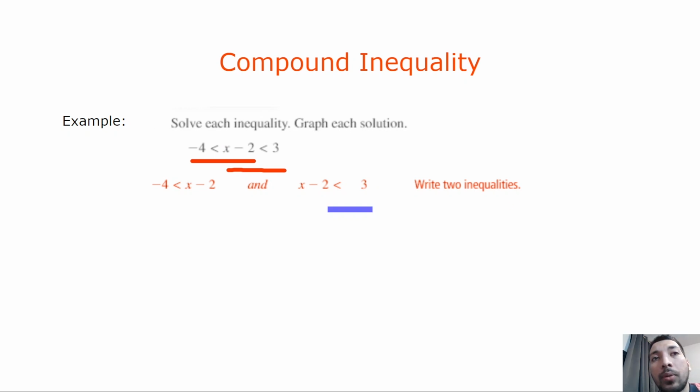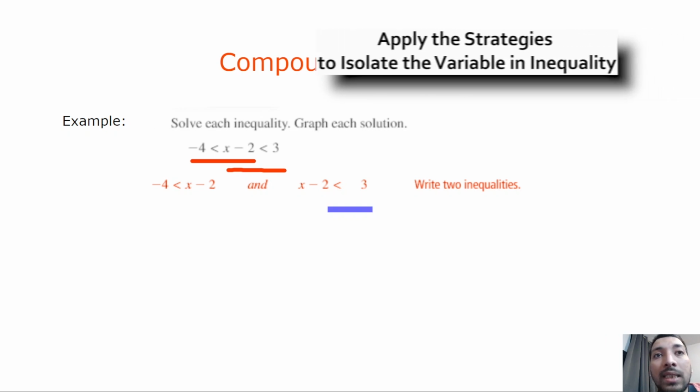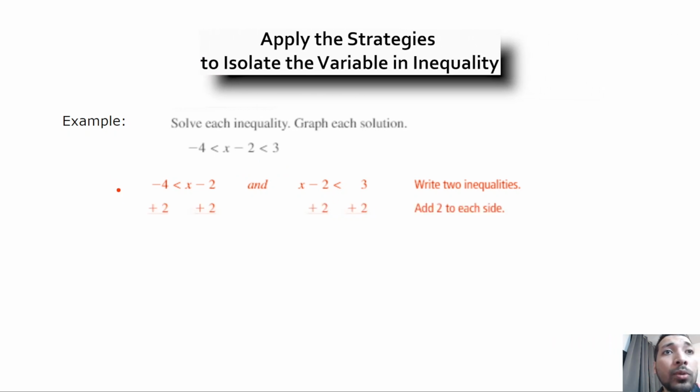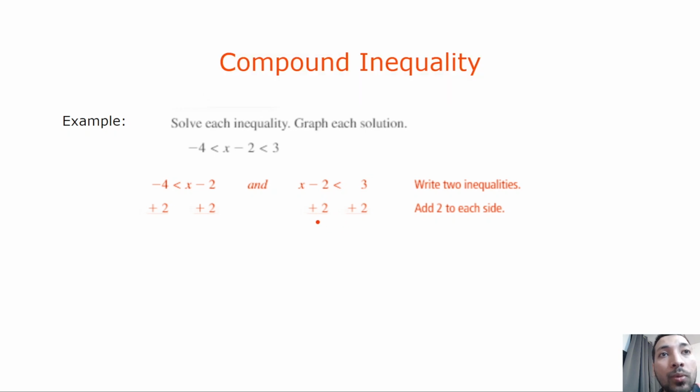Now we just follow the process of solving one step, two step, or multi-step inequality. So for the left one, we just add 2 on both sides. Over here, we just add 2 on both sides as well. And then we have negative 2 less than x, and this one x less than 5.